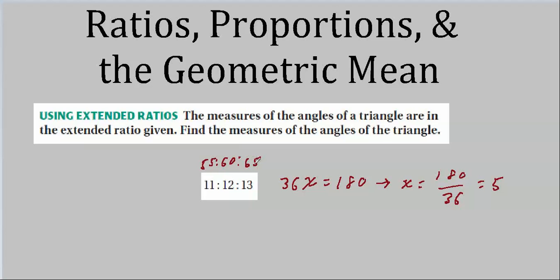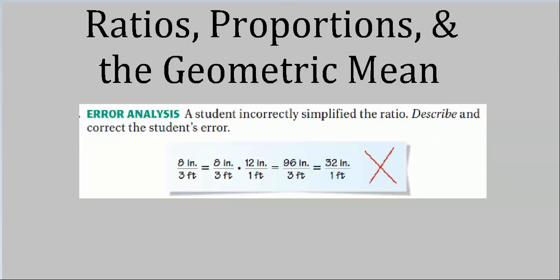On the other hand, if you start out with this, then you go backwards and come up with the actual angle measures. Well, this one not only involves ratios, but you have to keep in mind something really simple.